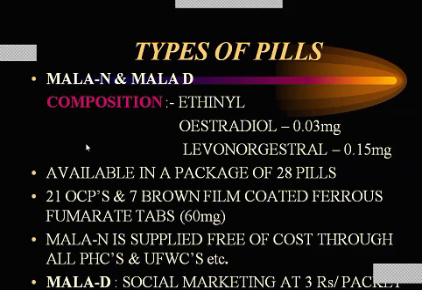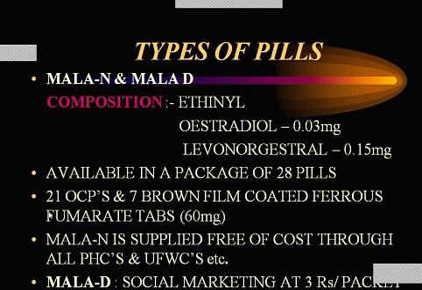Then what is the difference between Mala N and Mala D? Mala D is available in the market or in the shops at a rate of 3 rupees per packet through social marketing. Whereas Mala N is supplied free of cost in all the government hospitals.